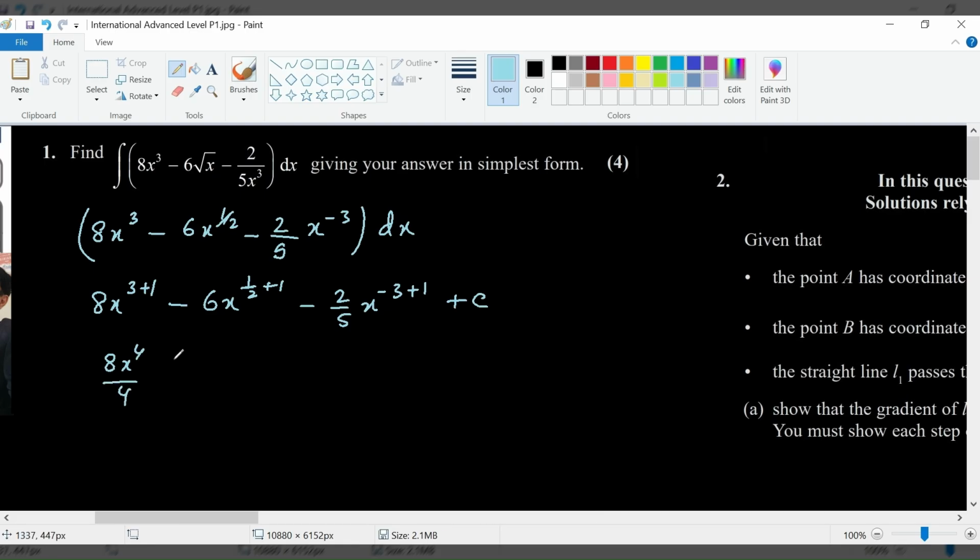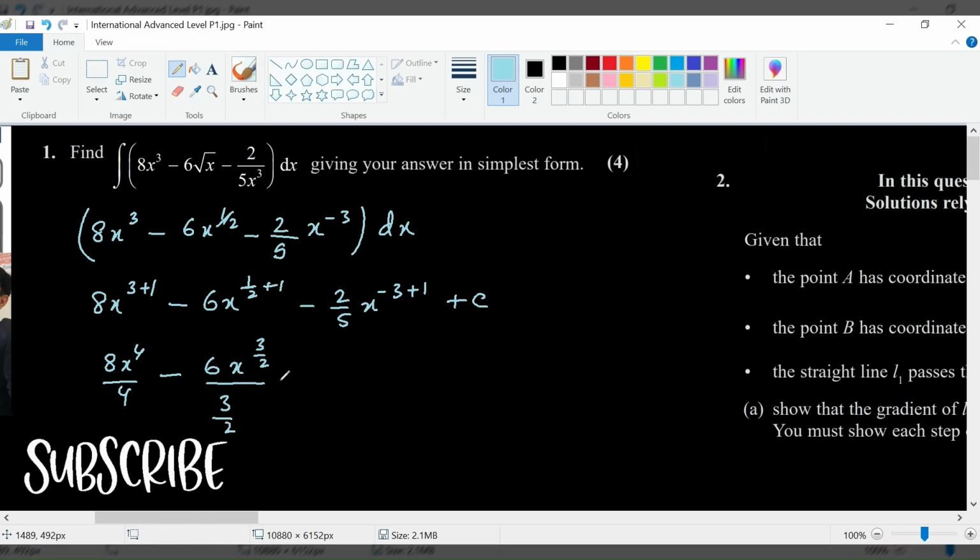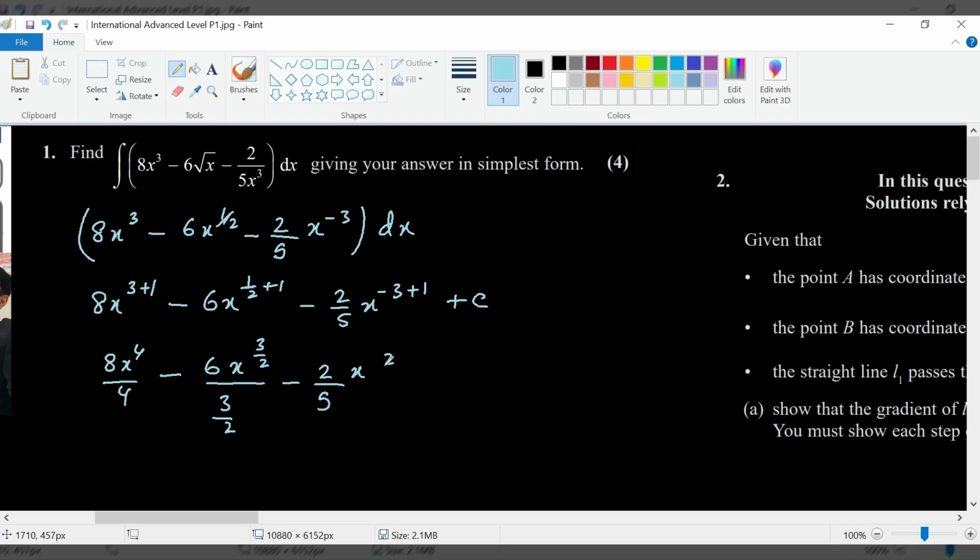The next step is going to be 6, and 1 over 2 plus 1 is going to be 3 over 2, and I will be dividing this by 3 over 2. The next one is going to be minus 2 over 5, and this is going to be x to the power minus 2, divided by minus 2.